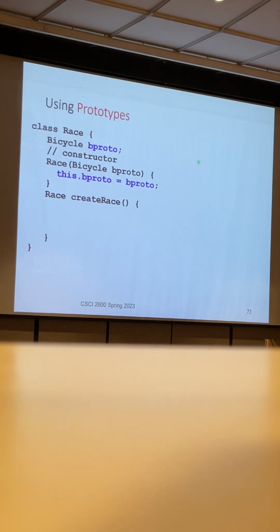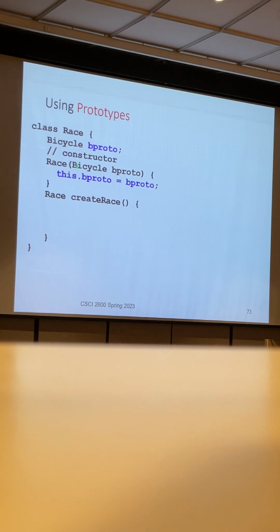All right, what about our bicycle example? What if we want to use prototypes here? Well, we can change the way our bicycles are created by saying, instead of using a factory method that we ask to create a certain type of bicycle, we can actually take a bicycle object to serve as an example, and then create prototypes, create clones of that object.